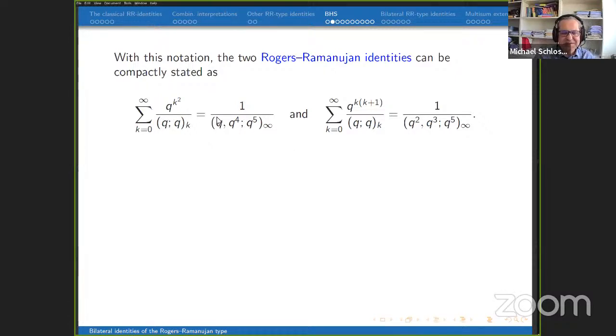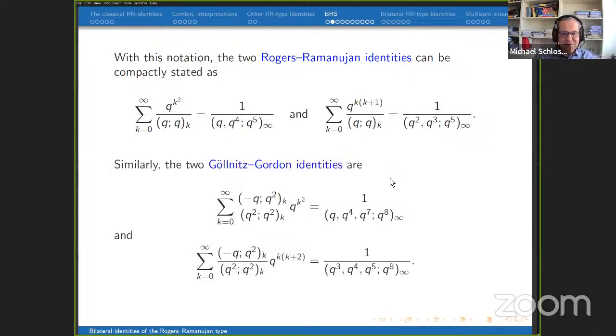And here we had jumps in 5. So we had the congruence residue classes of the exponents mod 5, residue classes of 1 mod 5 and of 4 mod 5. So we can split this in two products with jumps of 5. So that's what we have here. Similarly here in these two other residue classes. So here with the base q to the 5, and here with base q.